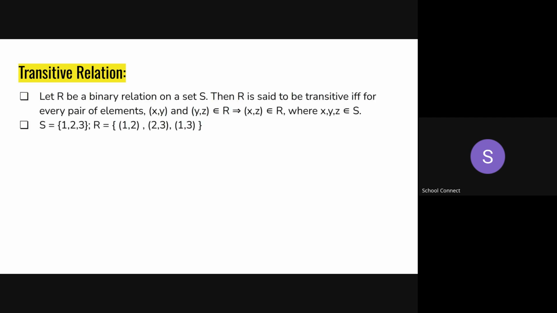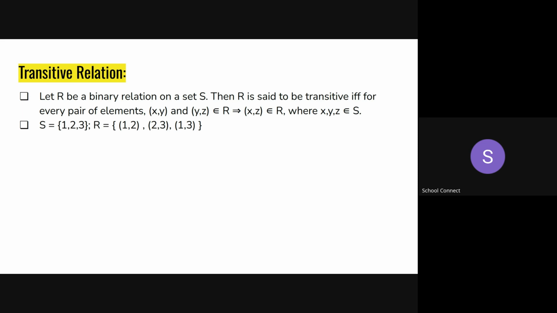So what exactly is transitive relation? This particular relation should be defined from a set S onto itself only. And this should be a binary relation first of all. And this binary relation R is said to be transitive, again, IFF means if and only if, for every pair of elements, so you need to have two pairs like (x, y) and (y, z), which are there in your relation R. Then check for the third element, which is (x, z).